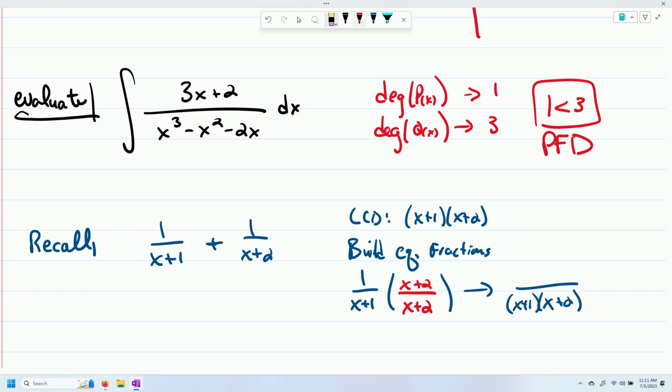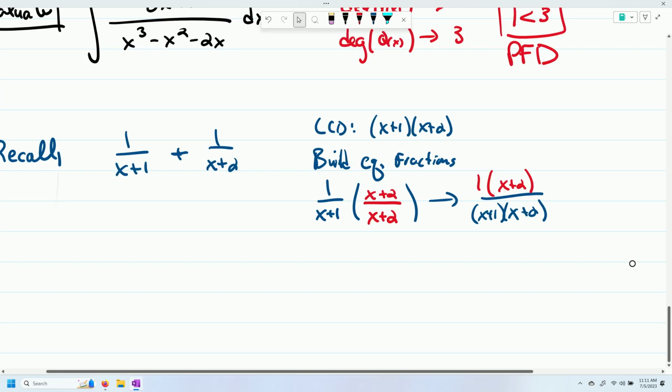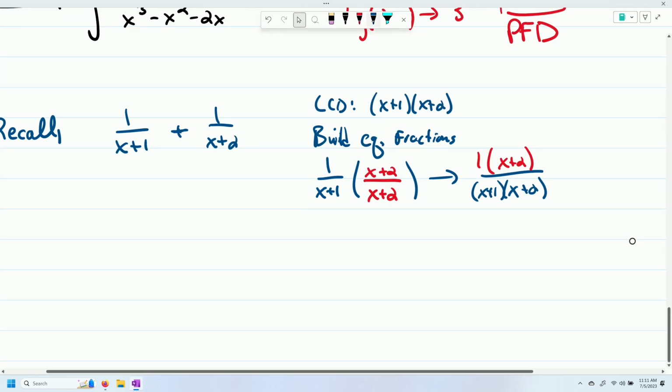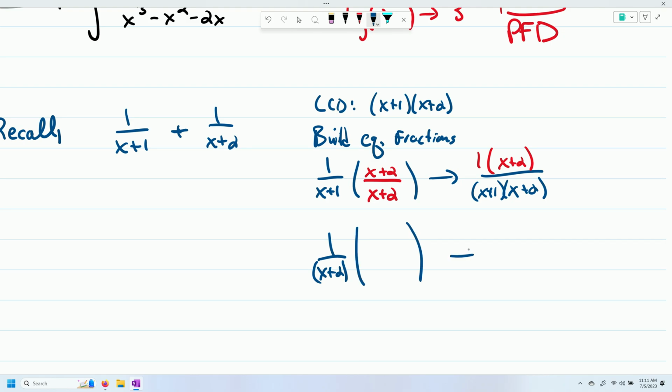But you would end up getting 1 times the quantity x plus 2. And then the other equivalent fraction would be 1 over x plus 2. You'd have to multiply this by something so that you get that magical denominator.